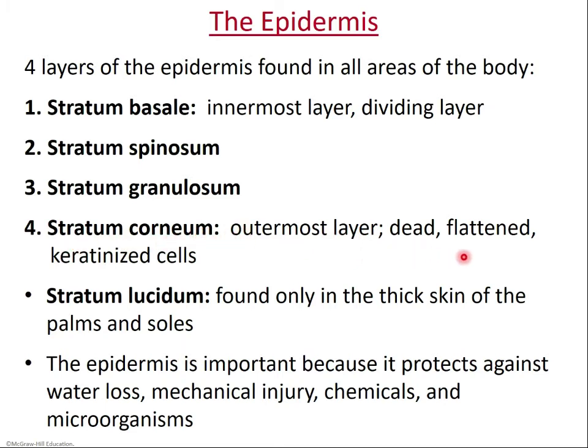They are dead, flattened cells, and they are keratinized cells, meaning cells full of keratin and other fibrous proteins. In areas where we find thick skin, there will be a fifth layer called the stratum lucidum, and this is mainly in the palms and soles where we find thick skin.